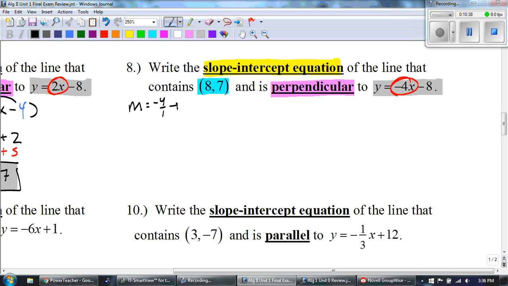I want the opposite reciprocal of that. Well, right now it's negative, so now it's going to be positive, and instead of 4/1, it's going to be 1/4. Okay? And then we're just using point slope. So go ahead and pause the video and see if you can solve that on your own. Good luck.